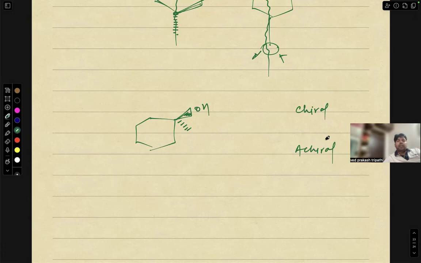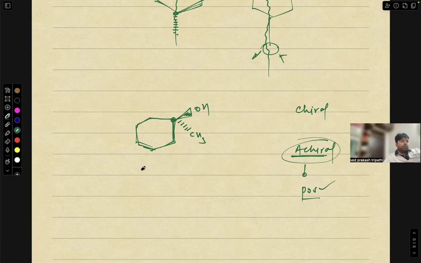So let me tell you, whenever I am saying achiral, it means there should be a plane of symmetry. Okay, first question is, does it have a chiral center, yes or no? This is CH3, this is OH, but left and right are exactly the same till the end, you can see. So there is no chiral center here. And whenever there is no chiral center, that means the compound is achiral. Clear?